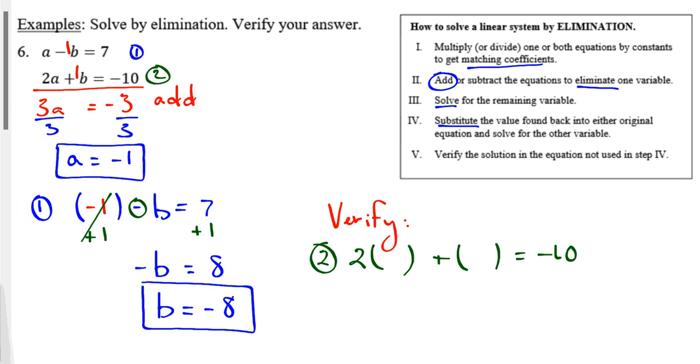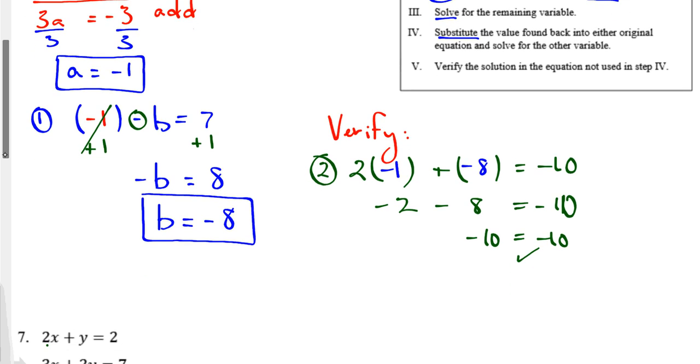And I'll substitute negative 1 for a, negative 8 for b, and then simplify both sides. Negative 2 minus 8, is that negative 10? And yes, it is. Which confirms that I have solved this system.